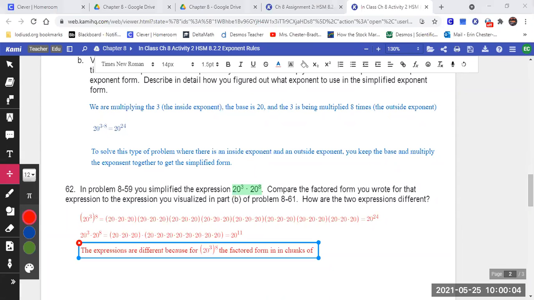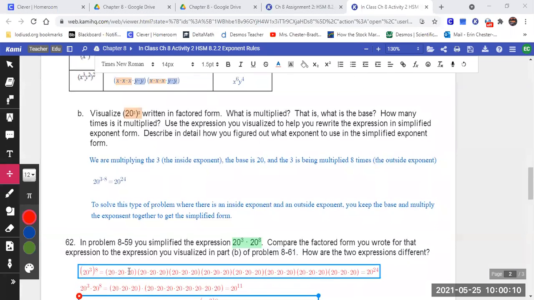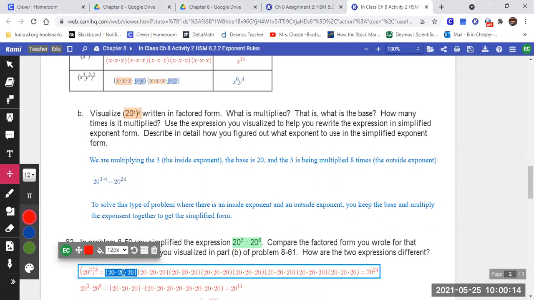Where did we get that 20 times 20 times 20? Where did we get this first chunk right here? Just the first piece. Where did that come from? Oh, the inside. Oh, so we expanded the parentheses separately?